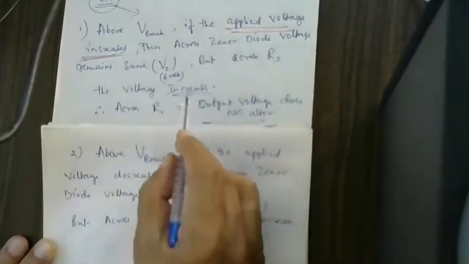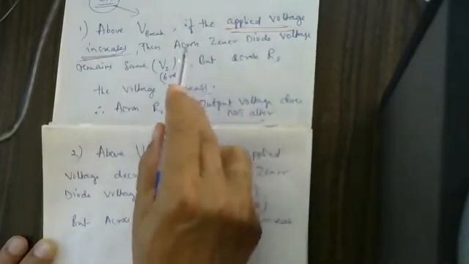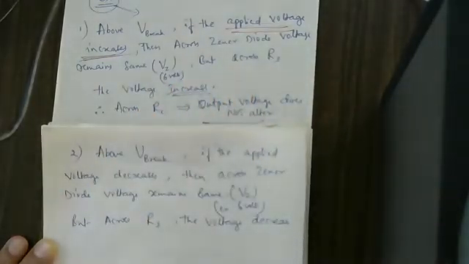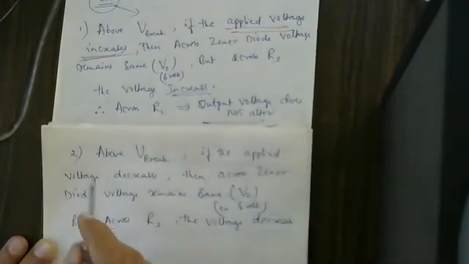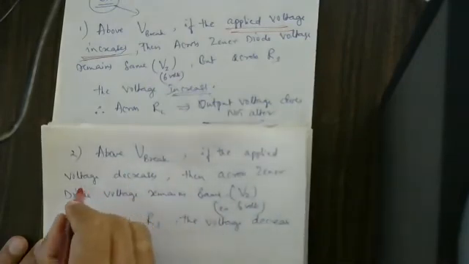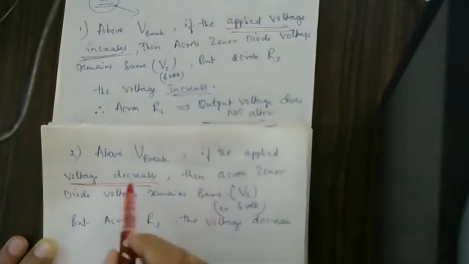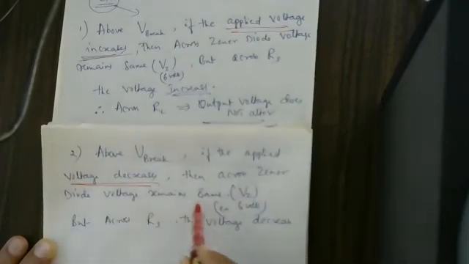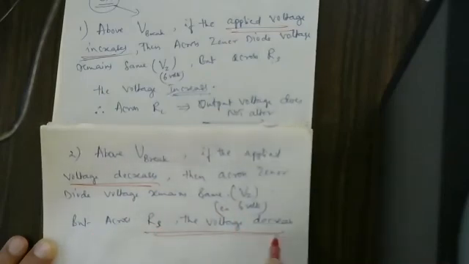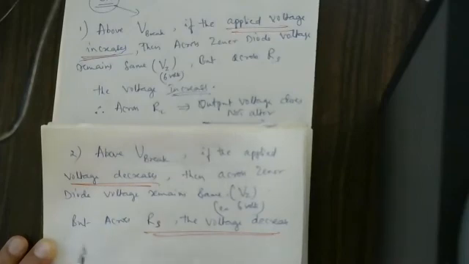Applied voltage increases, across RS voltage goes on increasing, but across the Zener diode, voltage remains same. Above the breakdown voltage, if the applied voltage decreases, the voltage remains same across the Zener diode, but across RS the voltage decreases.